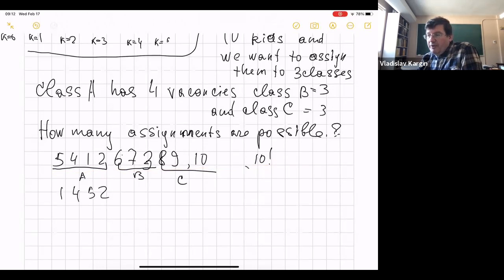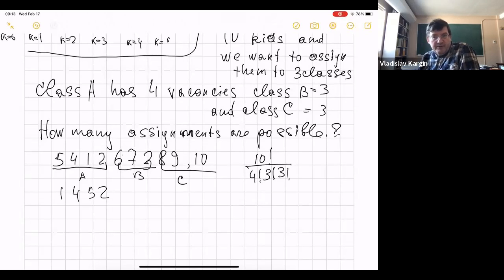So we need to divide by the number of permutations in the original portion of the line, 4 factorial. The permutation of these kids also doesn't matter, so we divide by 3 factorial, and for the last group also by 3 factorial.